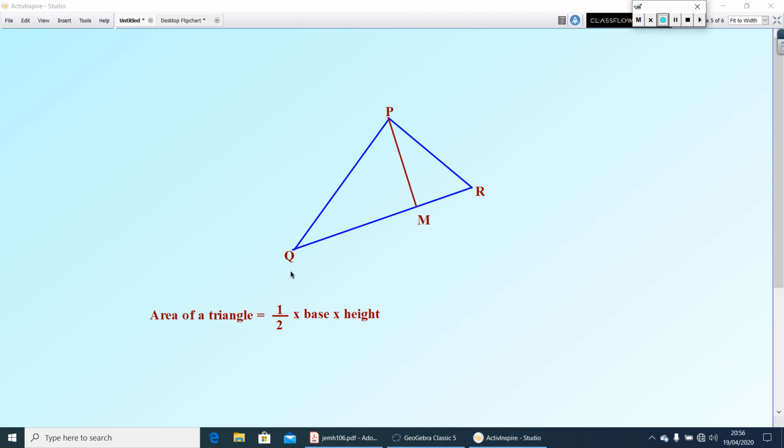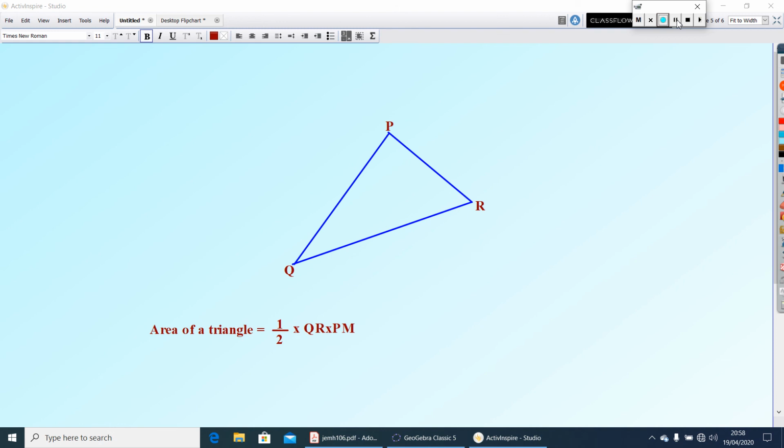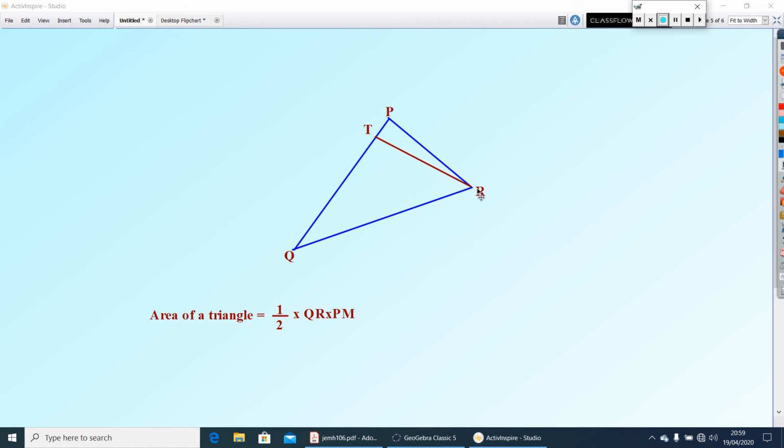It is half into QR into PM. Now let me take PQ as the base. Then how will you find the area? Here let me draw a perpendicular from R to PQ, that is RT. Now this area we can write as half into PQ into RT.